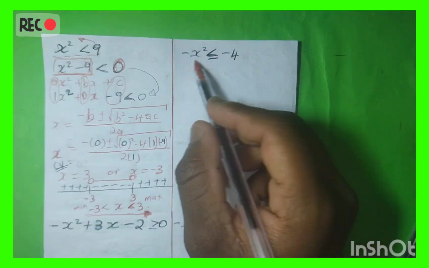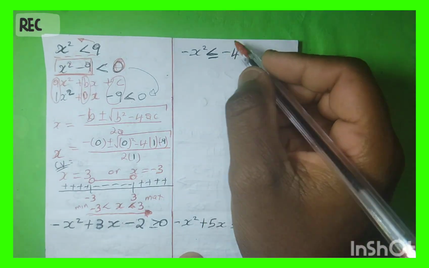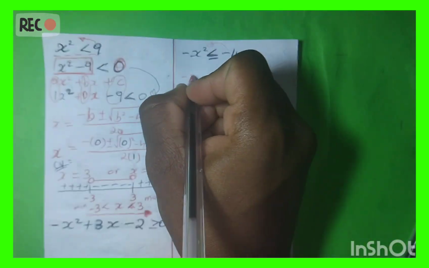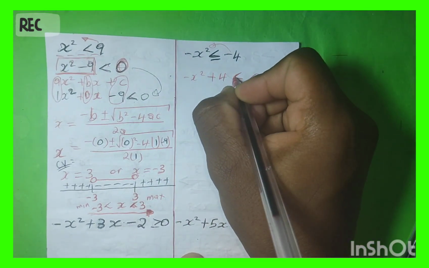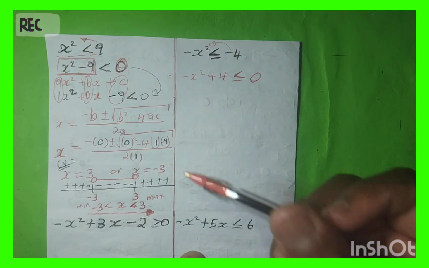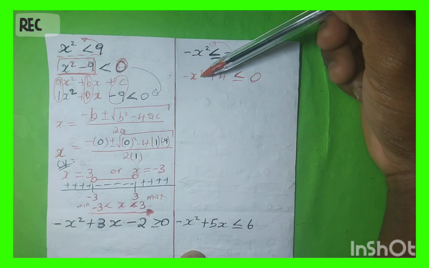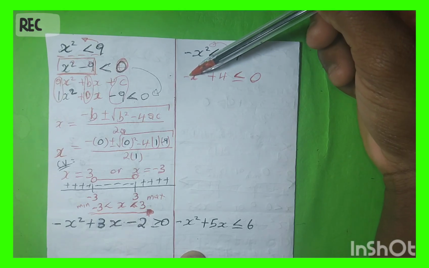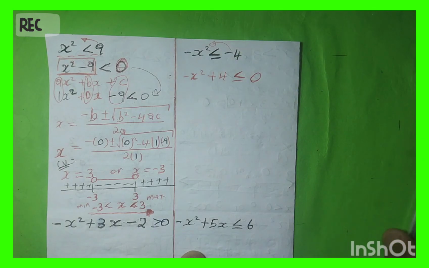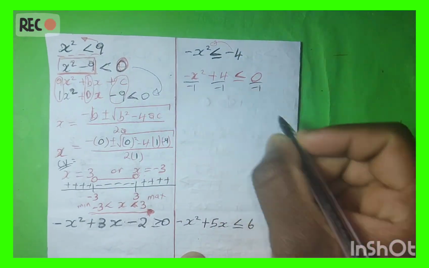Then what about this one? For this one, taking that to the other side, this is what will happen. It becomes positive 0. Here's a key thing you should understand. That negative, I can remove by dividing by -1.